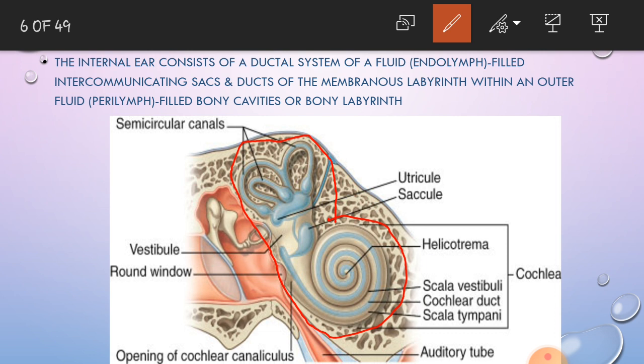And in this thing that I have outlined, you can see a blue colored ductal system lying inside this bony system, and this blue membranous ductal system is the membranous labyrinth, while this bony canal is the bony labyrinth.